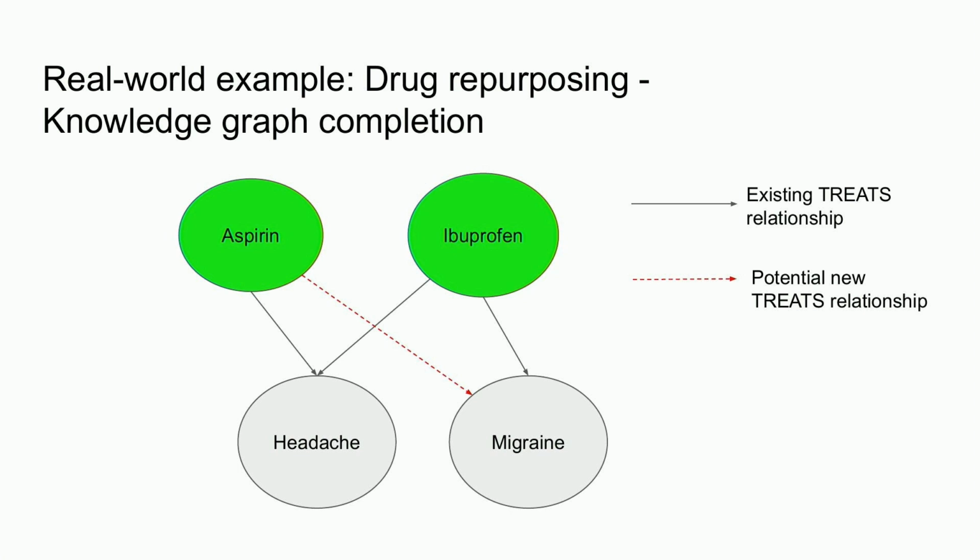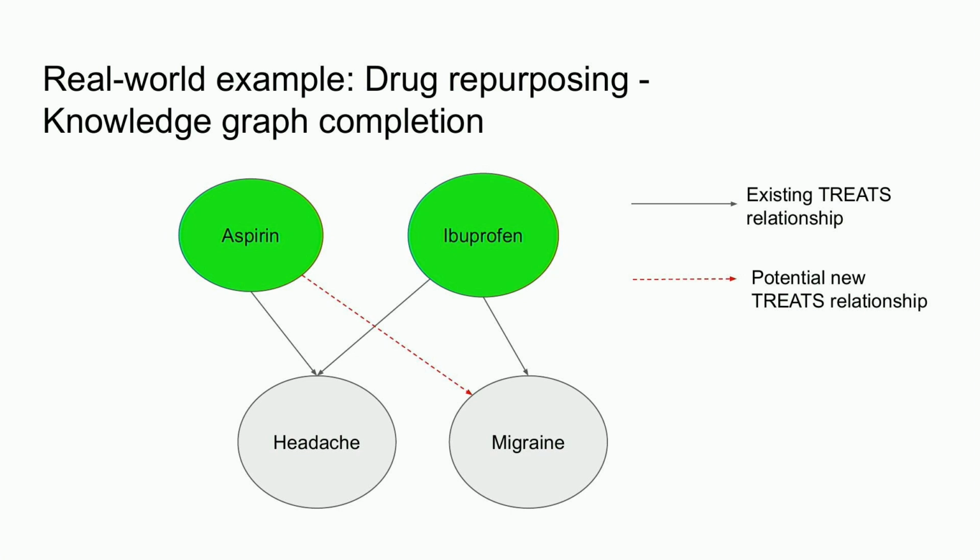But obviously the real-world example is much more complicated, because you could have also genes. So headache could be associated with the same genes as migraine, and then there are also relationships between genes, and it could get complicated quite fast.